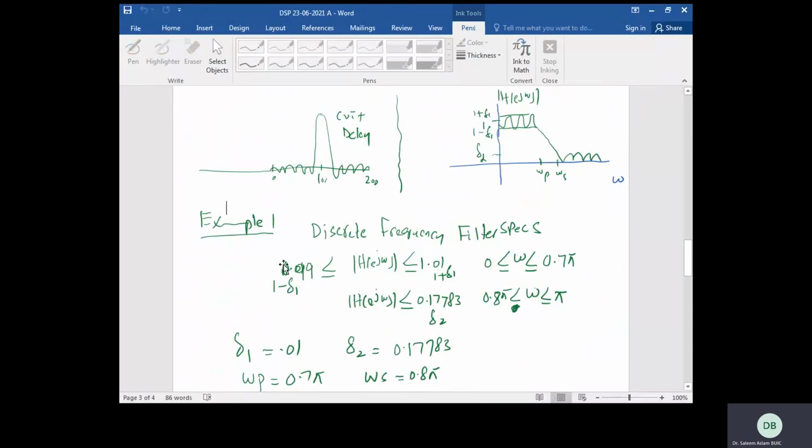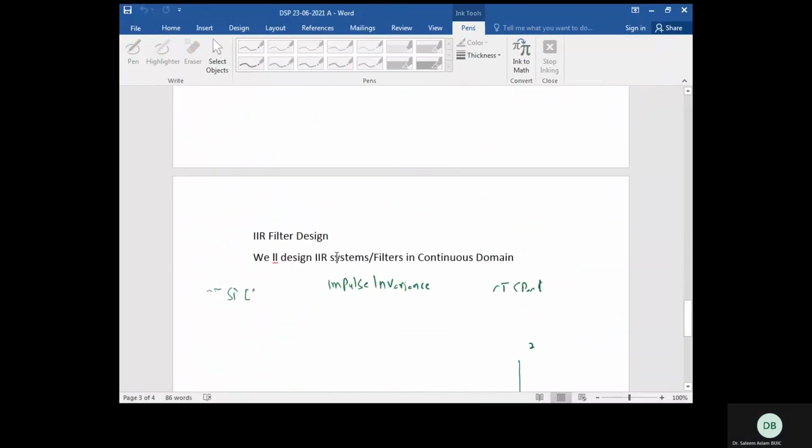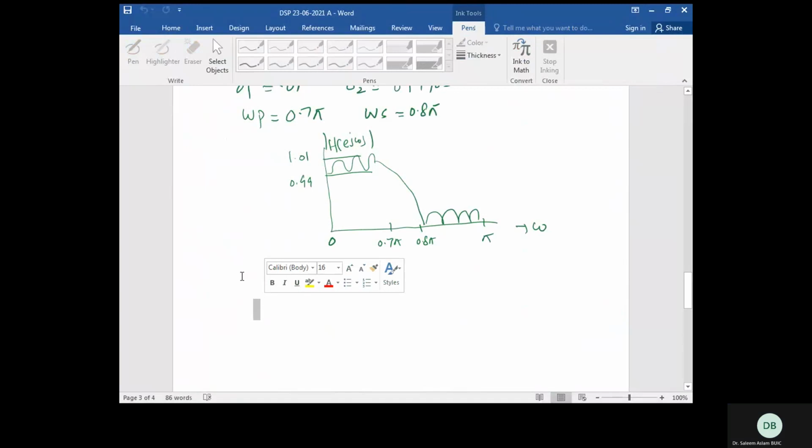Anyway, either it is given in this form. Let me write it with an equation as well, if possible. They may give you these specs.